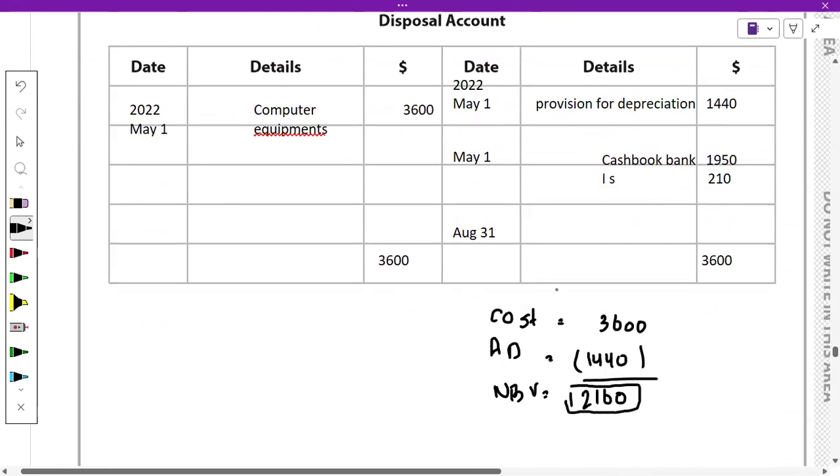It means that its selling proceed is less than its net book value. So it means that we made a loss on disposal. So 2160 minus 1950, we made a loss which is 210. So it means that the disposal account would be credited and the income statement would be debited.